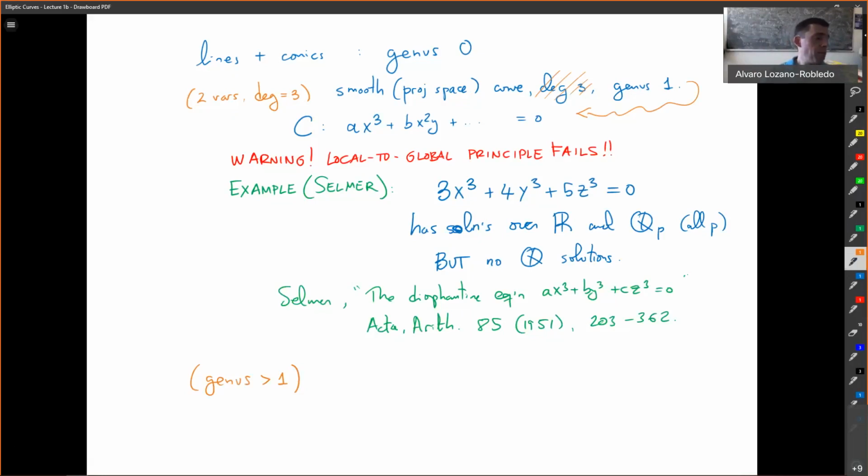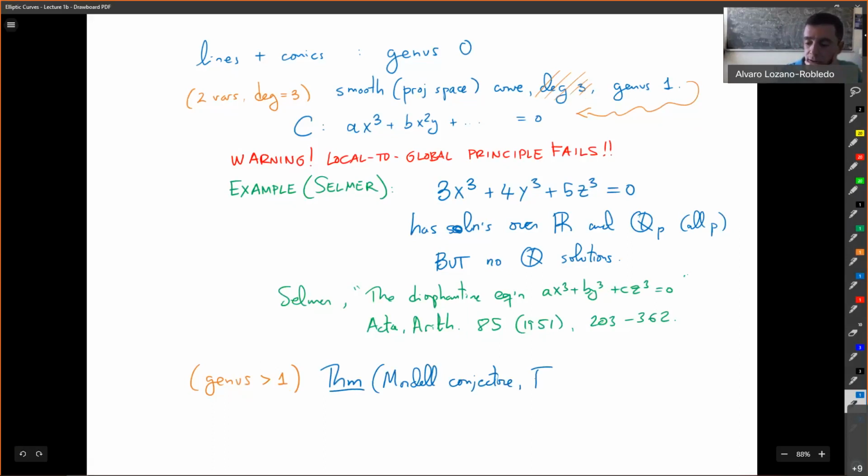And what happens is that it is actually very difficult to compute the rational points on these curves, but in a sense, they're actually slightly easier by a theorem of Faltings. So theorem, this used to be the Mordell conjecture, now known as Faltings' theorem.